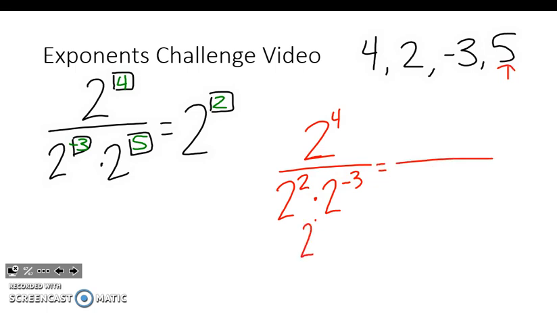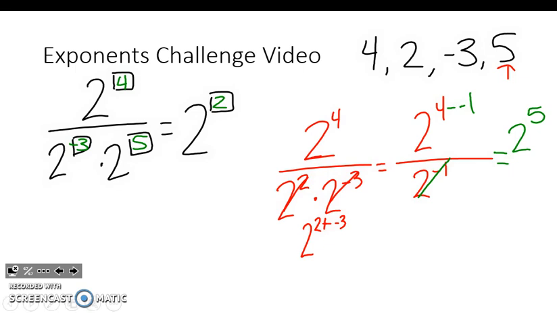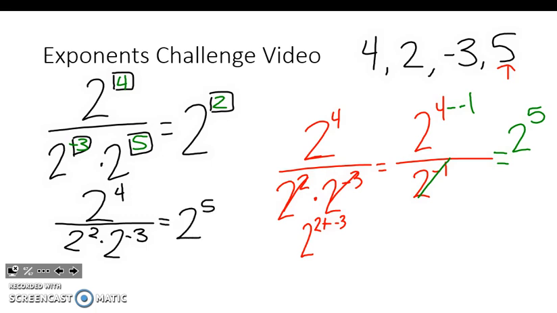So 2 plus a negative 3, to combine those, I got 2 to the negative 1st. So then using the quotient rule, I would take 4 minus a negative 1, and I get 2 to the 5th. So another possibility here is 2 to the 4th over 2 squared times 2 to the negative 3rd is equal to 2 to the 5th.